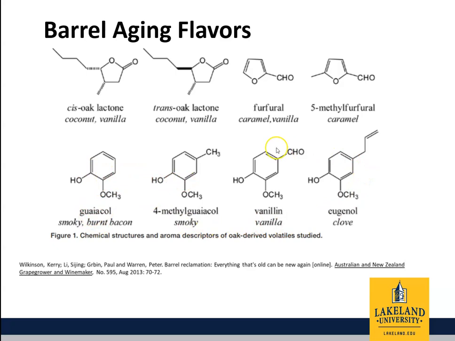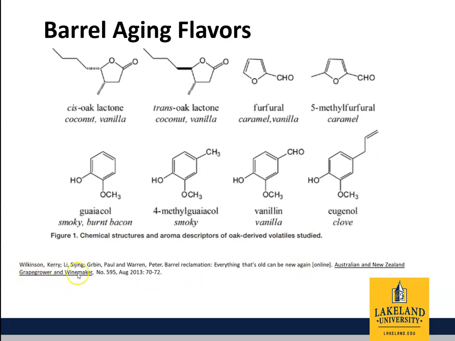Vanilla is good, caramel. So a lot of these are more typically desirable for darker beers sometimes. But again, when we're looking in Belgium, you'll see a lot of sours that will also be oak flavored, oak barrel aged. So that's also going to provide a lot of different flavors.